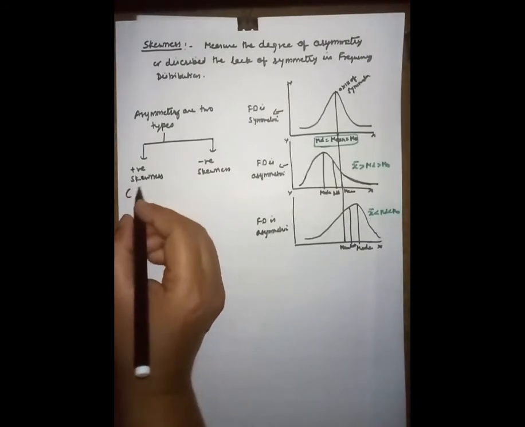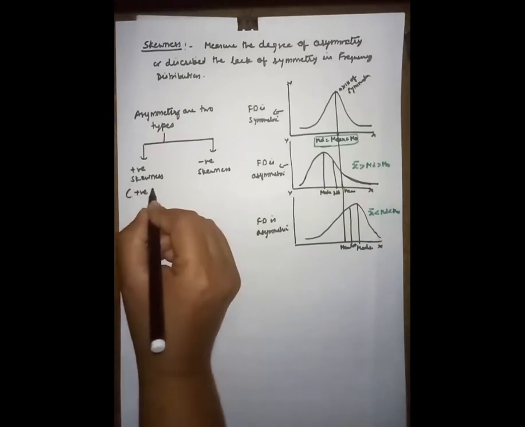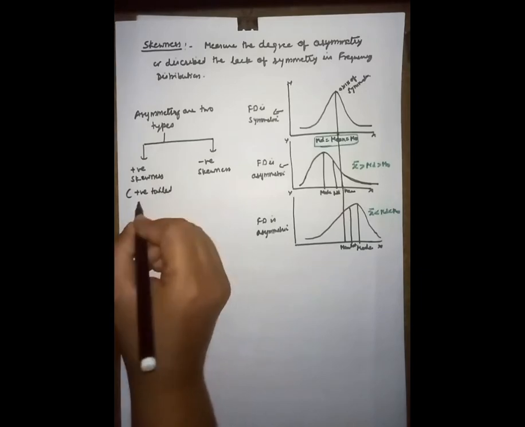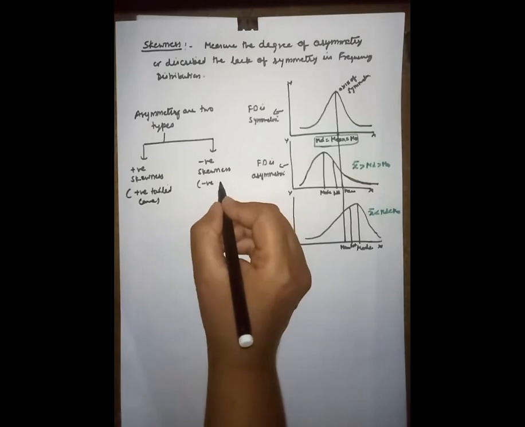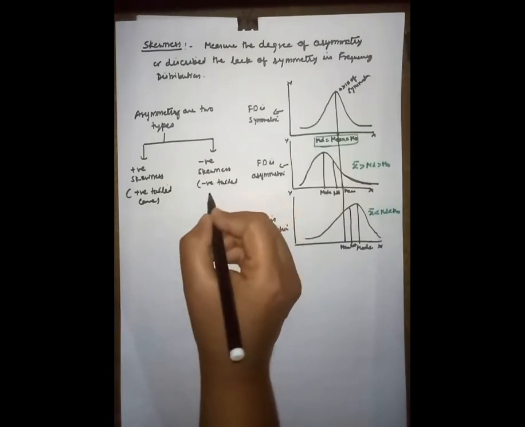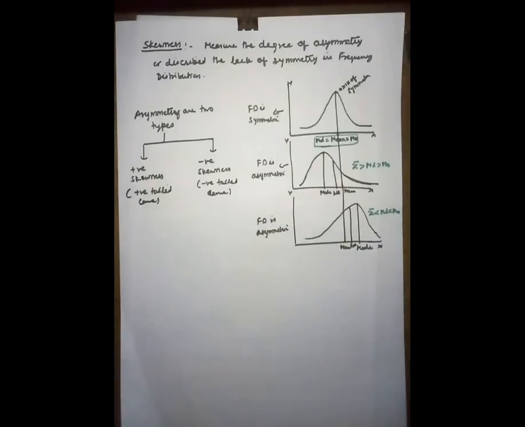Because a positive tail develops, and in this case a negative tail develops, right?